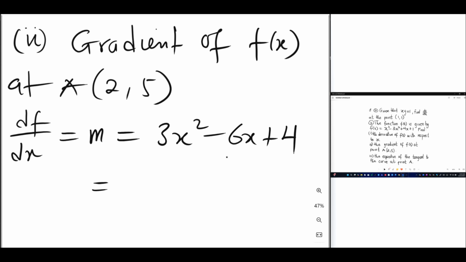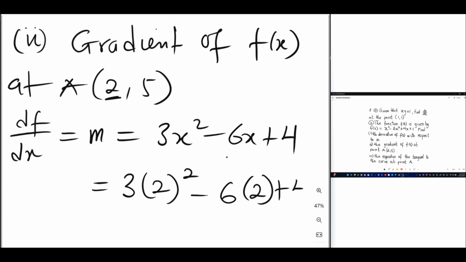We substitute the x component of the given point, because we are finding the gradient at that particular point. So x is equal to 2. Wherever you see x, you put 2 in place of x.